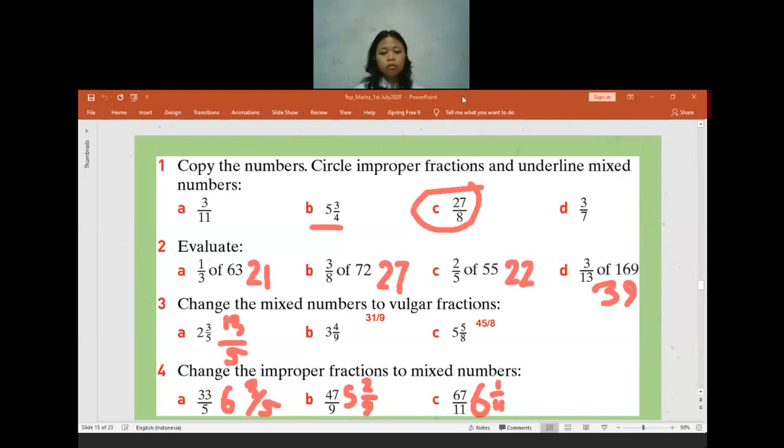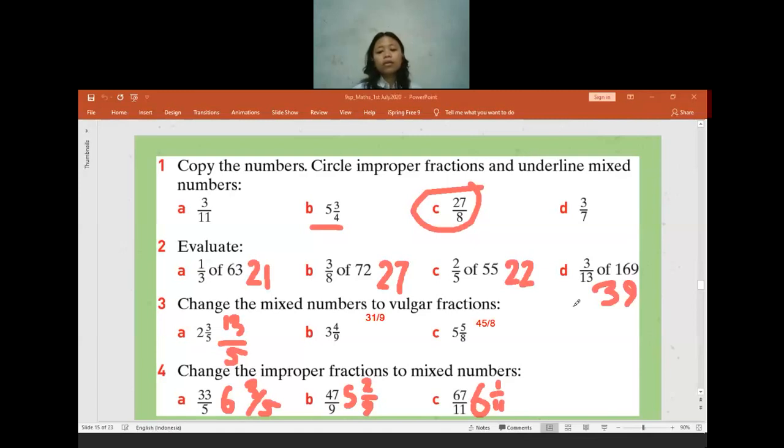Can you repeat? Which one do I need to repeat? Or it's okay, which one? The A one. 4A. Yes. For 4A, 33 by 5. So I need to divide 33 by 5.